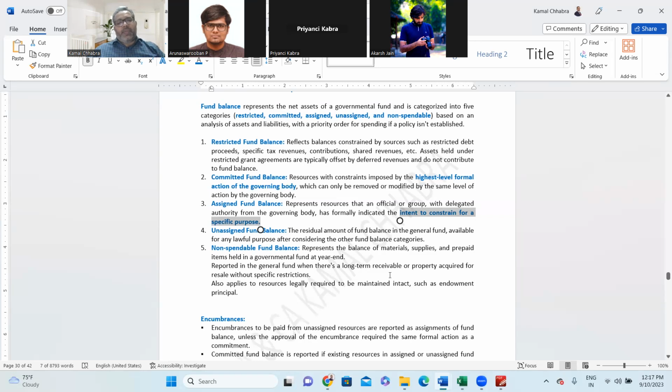So non-spendable fund is the fund which you have already invested in purchasing inventory, supplies or prepaids. The amount which you cannot spend further because you have already spent it for inventory, supplies, prepaids, or for legal matters is called non-spendable fund.